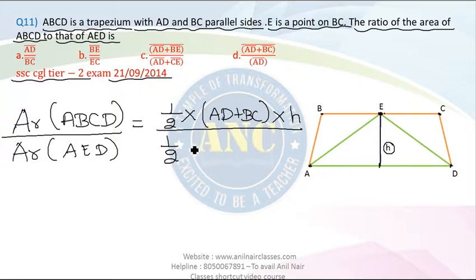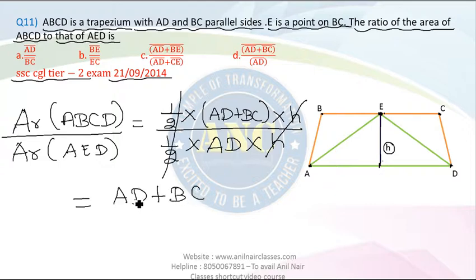Half into base, which is AD, into height H. H will cancel, half will cancel. Your final answer is AD plus BC divided by AD.